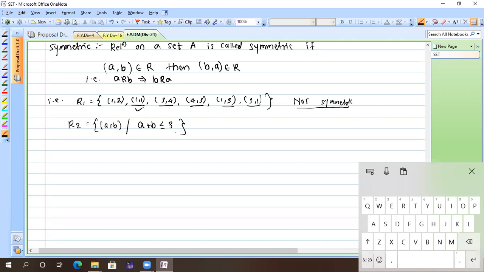Suppose I have this relation. Whether it is symmetric.